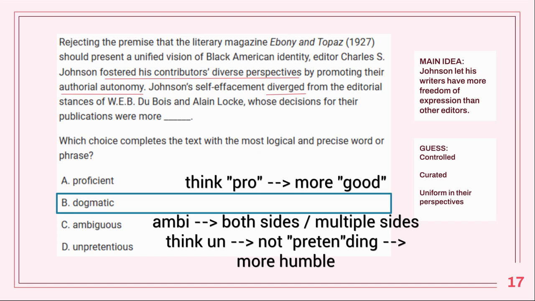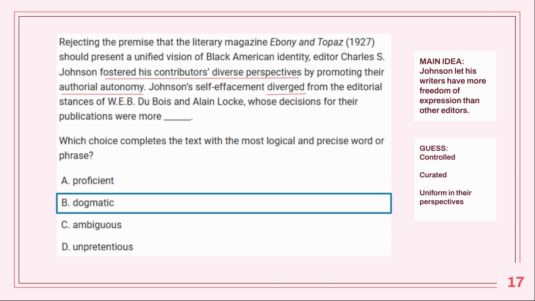That just leaves dogmatic. The word dogmatic honestly sounds kind of aggressive to me, and I think that matches up. Their decisions were more aggressive. They were more controlling because they just wanted that one unified vision. So not only did my elimination lead to that, it just sounds like an aggressive word, which I like. But dogmatic really means you're stuck to one vision. You're stubborn about your one perspective. You're not really willing to change or embrace other perspectives, which is what we're talking about, right?